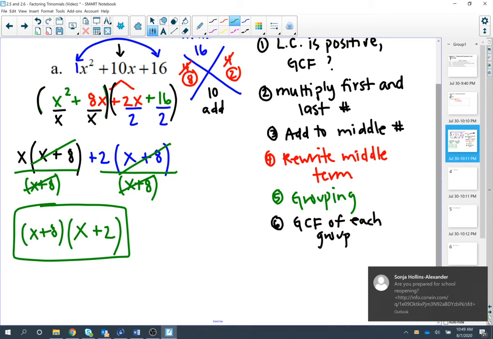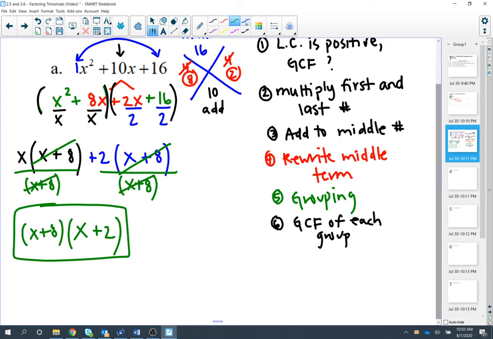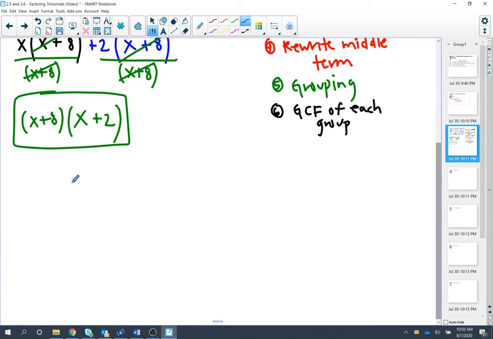Okay, so I actually want to prove to you that this actually worked. The way we check our work is the opposite of factoring is multiplying, so we're going to multiply it back out. In order to do that, I'm going to do the distributive property. So I don't want to mess up my problem, so I'm just going to rewrite it. X plus 8 times x plus 2.